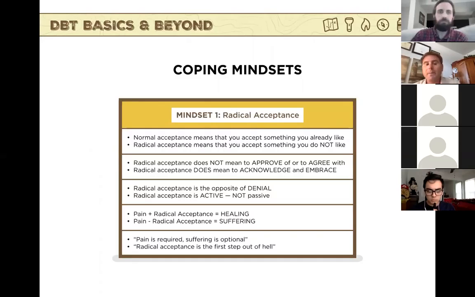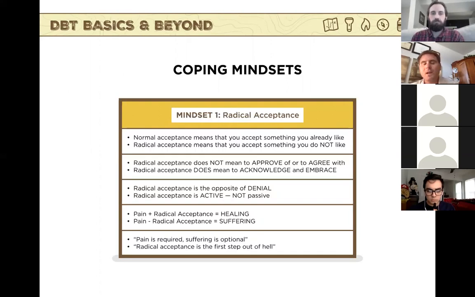On the other hand, pain without radical acceptance equals suffering. So if there's something painful in your life, but you just can't deal with it, you're in denial about it, or you're minimizing it, or you're making it even worse than it is, or whatever, regardless of what you're doing with that pain, if you're not fully accepting it, that pain is going to tend to get worse.